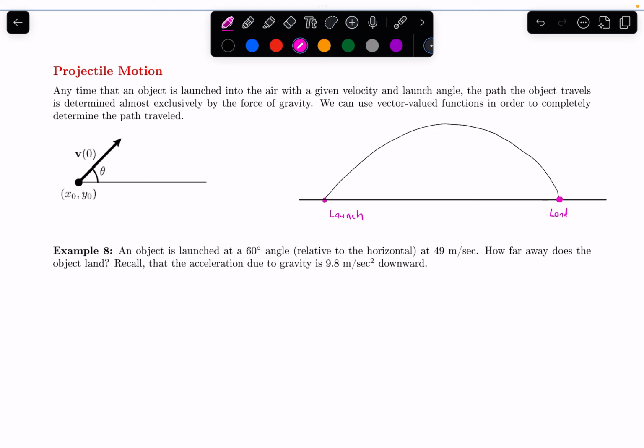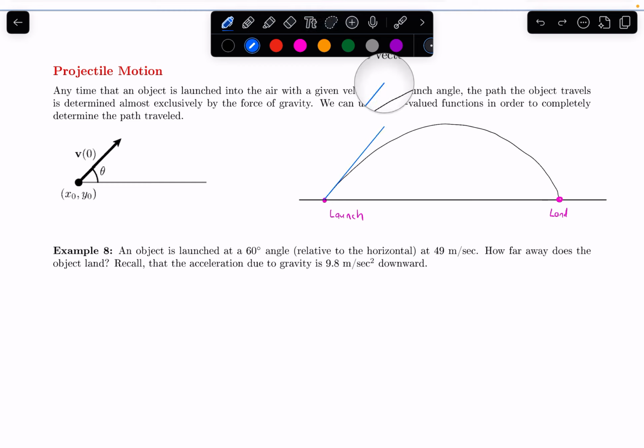It tells me that this launch angle is 60 degrees. What that represents is, from this initial spot, if I draw a straight line in the direction at which it was launched, in other words, a tangent line, and then draw the angle from that horizontal to the tangent line, that is a 60-degree angle.